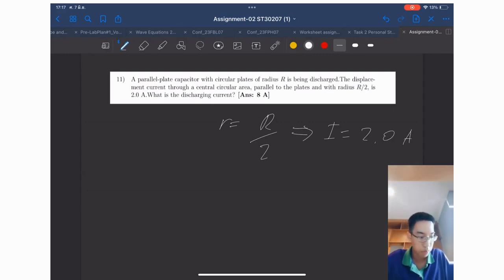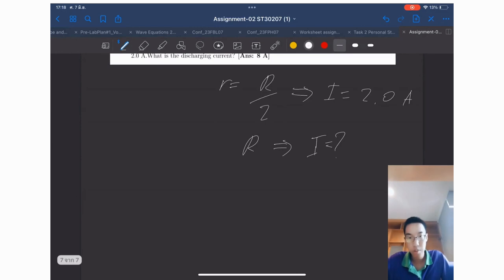Now we want to find, if we take a look at the capital R, the whole piece, what is the I of the capital R? Now we just use proportion.